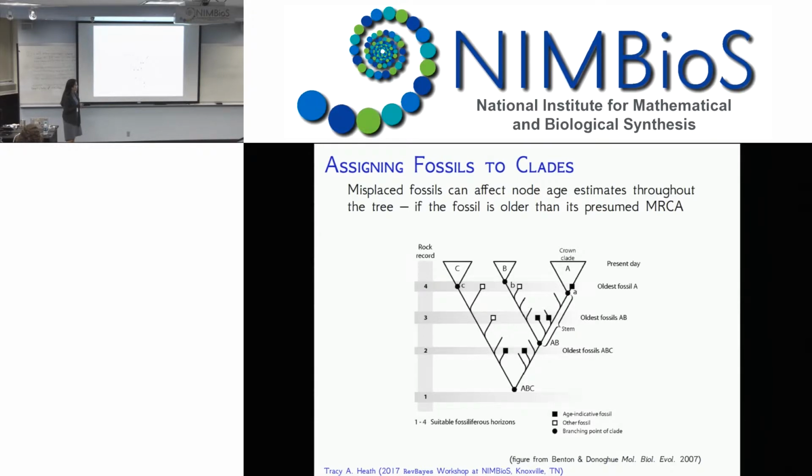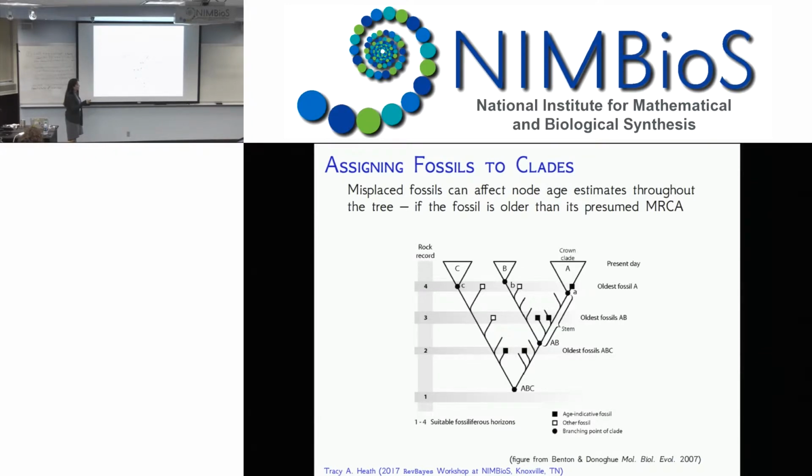So, in terms of terminology, they talk about things like a crown group or a crown clade. A crown clade is defined as all of the descendants of an ancestral node and that node. So it'd be this node here and all of the things that are descended from it.